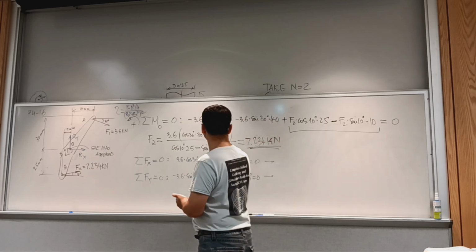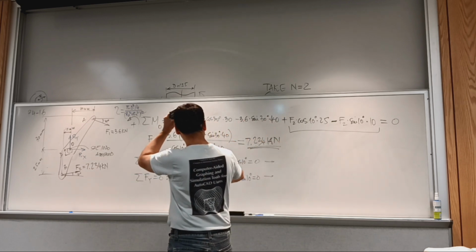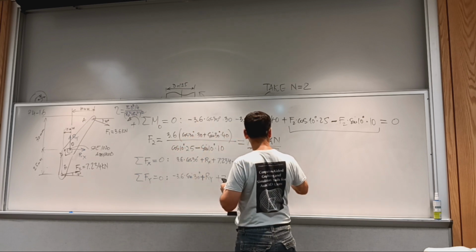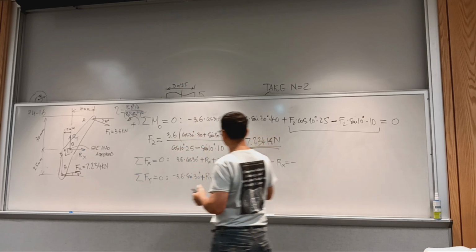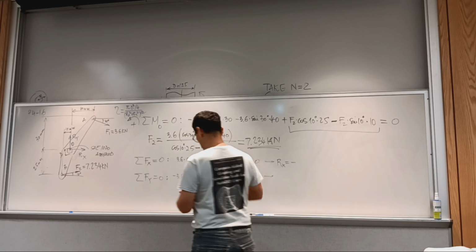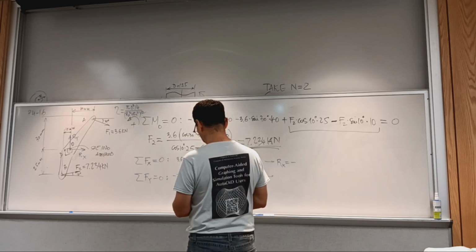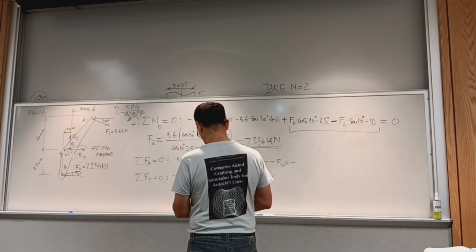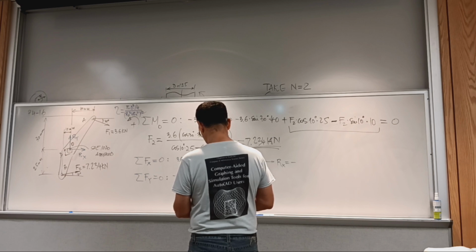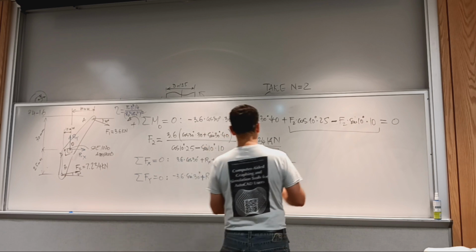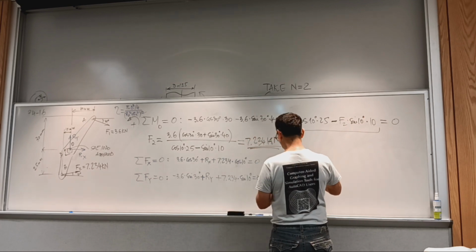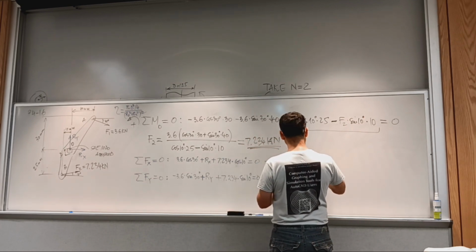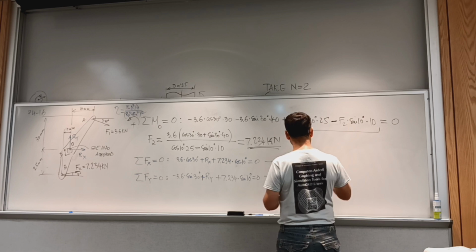So what is Rx? Clearly, Rx is a negative value, this plus this with a minus in front. So 3.6 times 30 cosine plus 7.234 times 10 cosine equals, so negative, I said 10.242 kilonewtons.